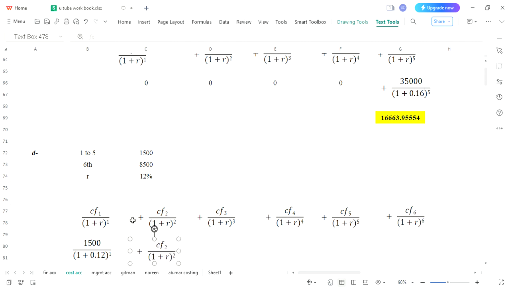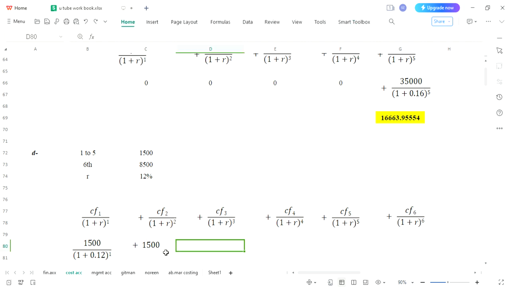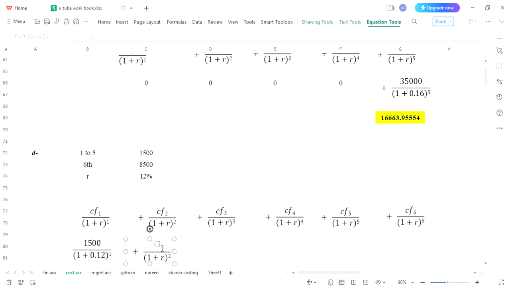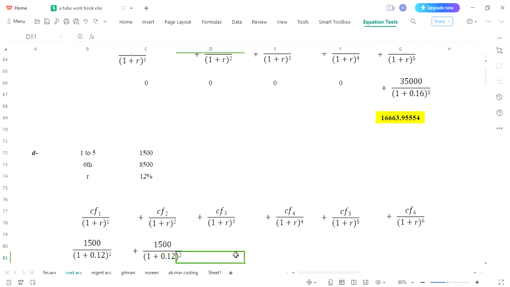We do have the second cash flow, the same 1500. As you know that cash flows are the same. Okay, it had come back. 1500 was the amount of cash flow. Again, you will change your rate of return, 0.12. Okay, and the second installment. So that's okay.